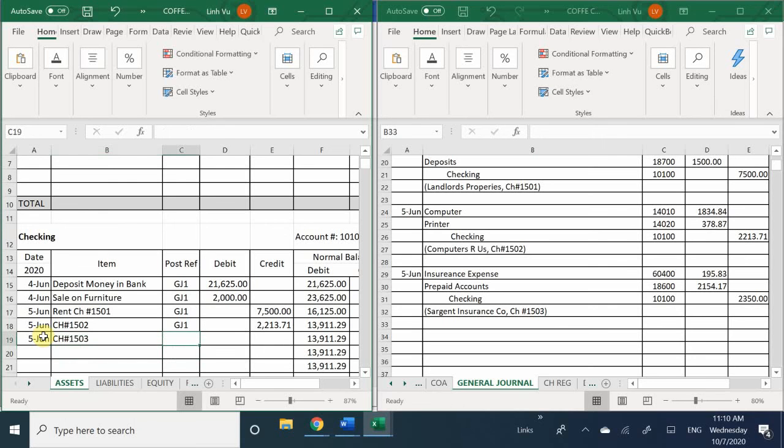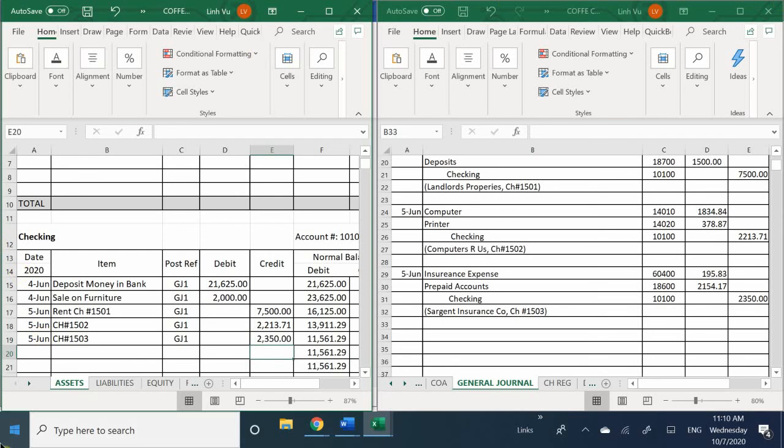Okay. General journal number 1, and it's a credit for 2350. So by me pressing enter, that should give me a total of $11,561.29. Okay? So that is that.